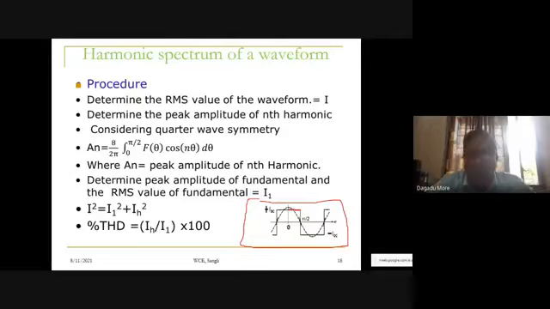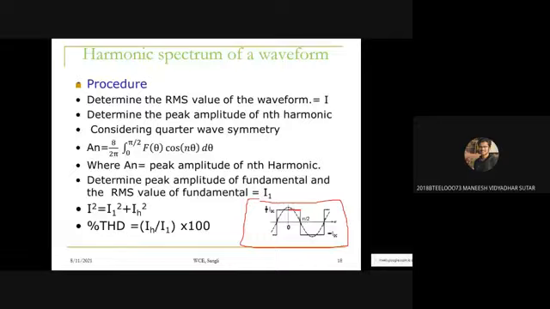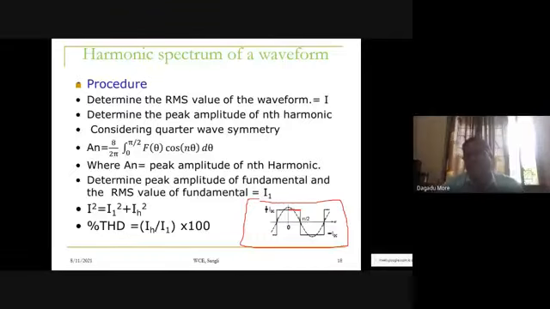What is the RMS value, using square, mean, root? It will be IDC, is it right? Very easily, the RMS value of a square waveform is the same as its peak value. So we find out this value, which we call I RMS.